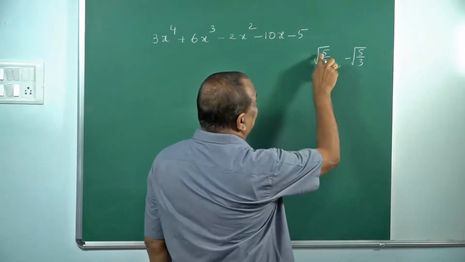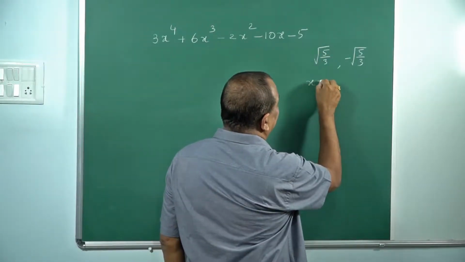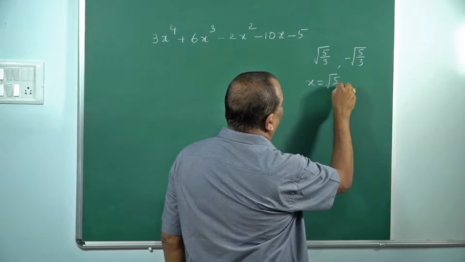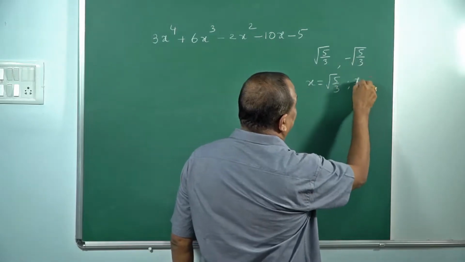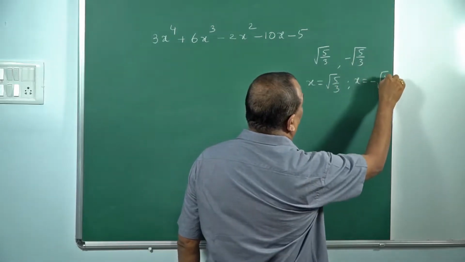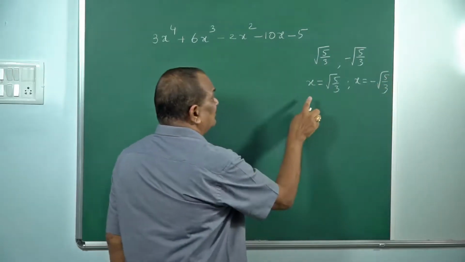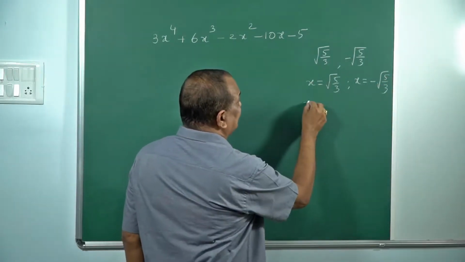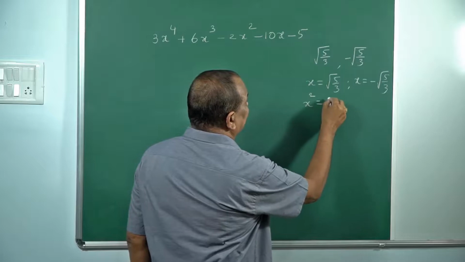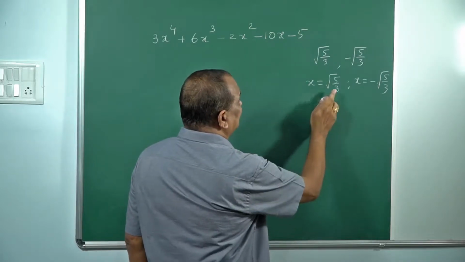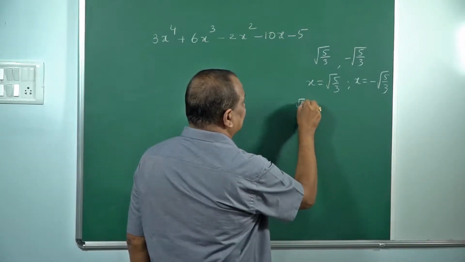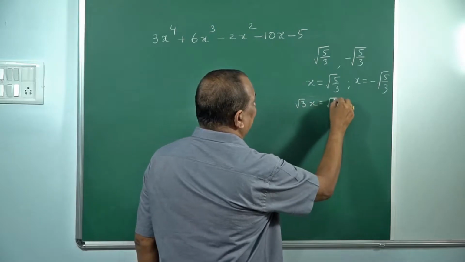So now the x value can be this, because he has said that is a zero. And the x value can be this, minus root 5 by 3. So, root 3 times x is equal to root 5.